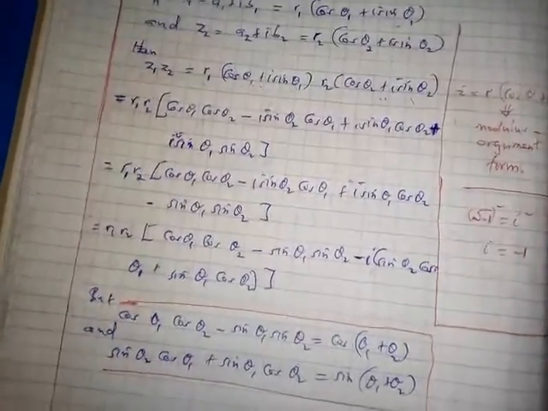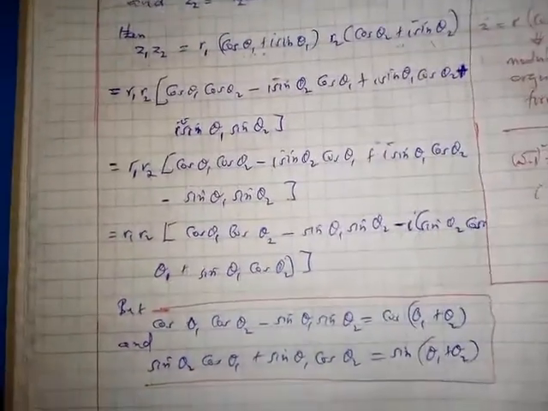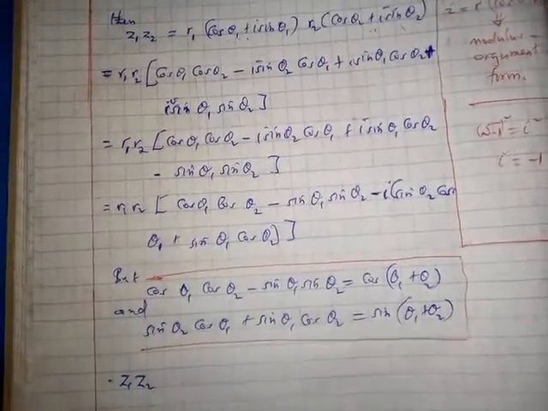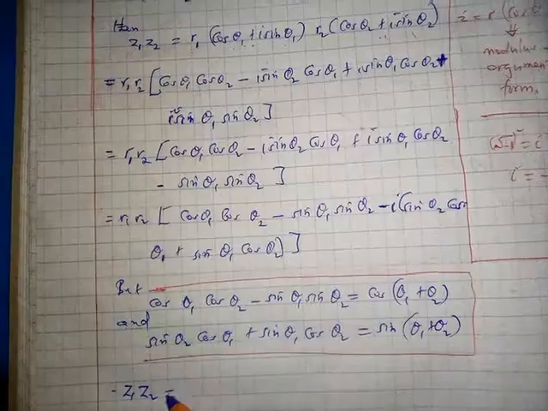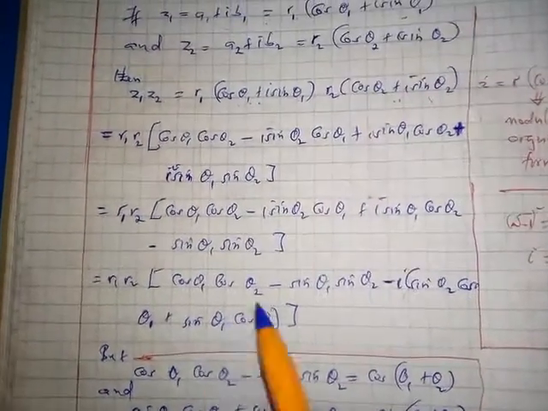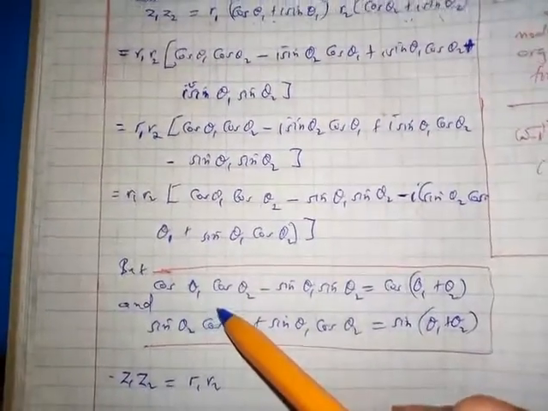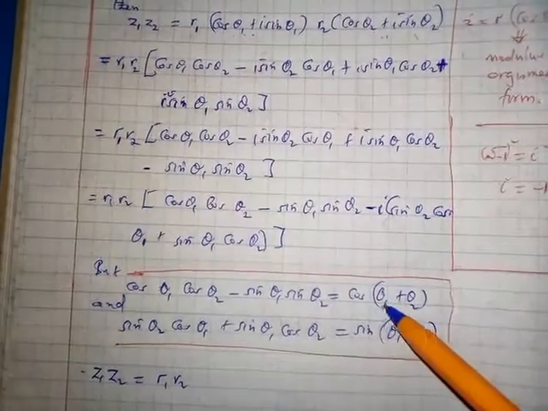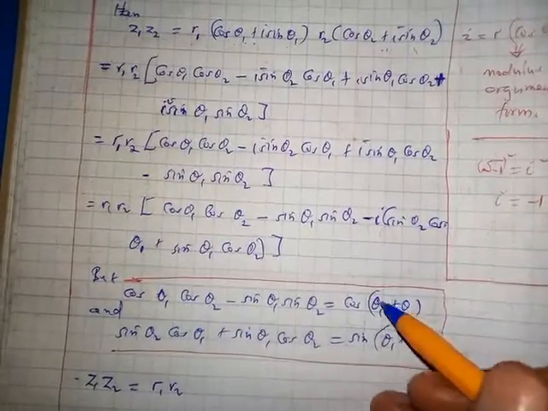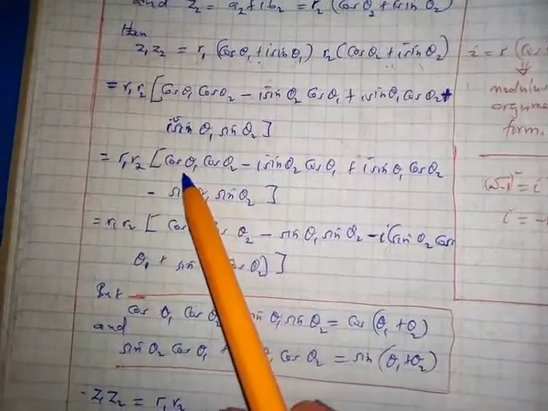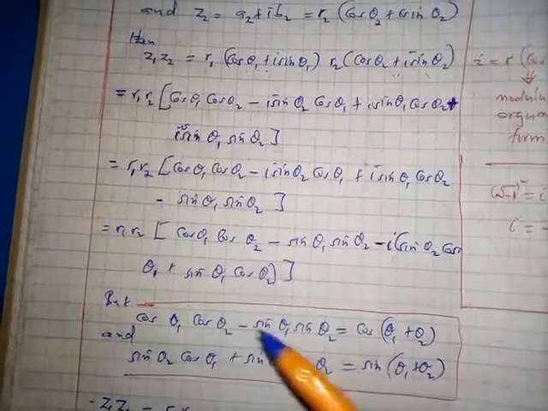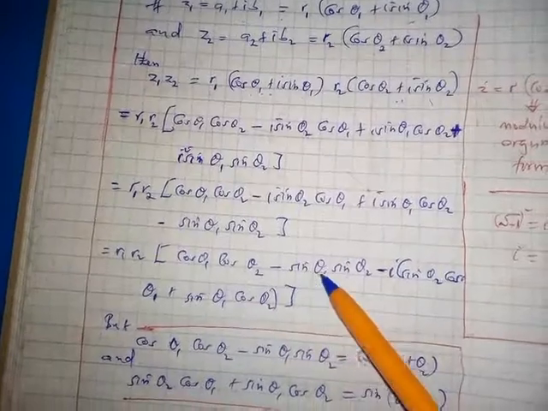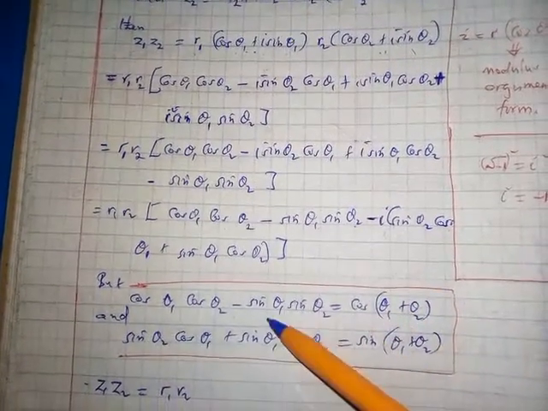So Z1 Z2 is equal to R1 R2. Remember, I've said that cos theta 1 cos theta 2 minus sin theta 1 sin theta 2 is equal to cos(theta 1 plus theta 2).